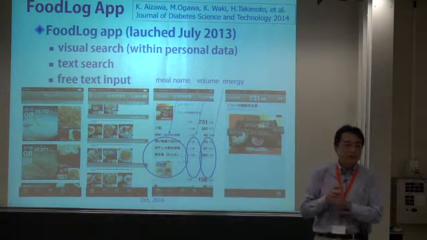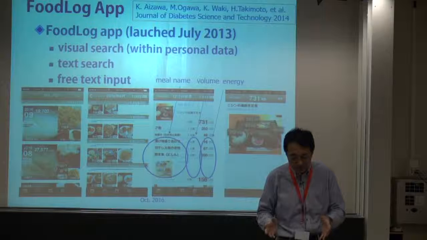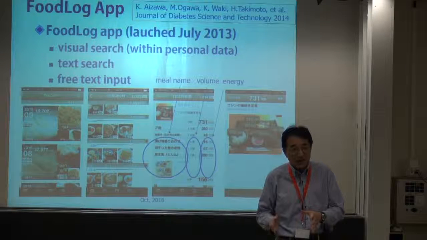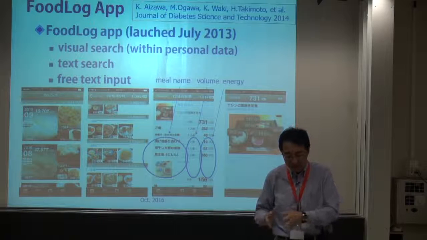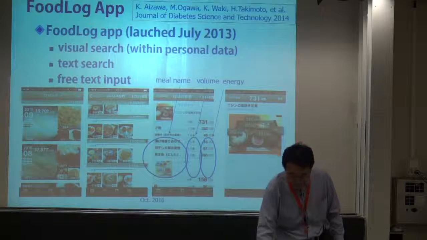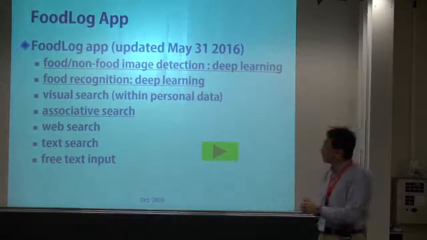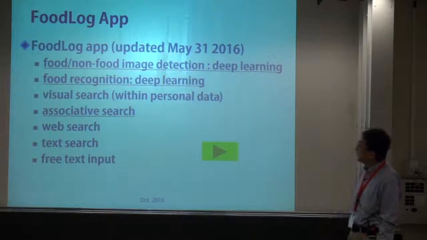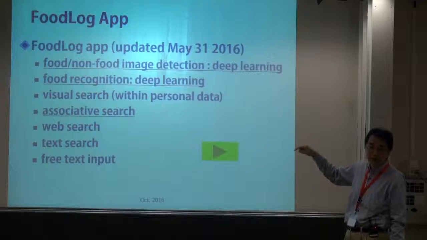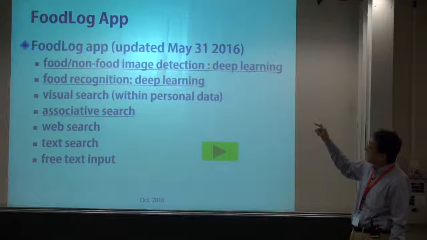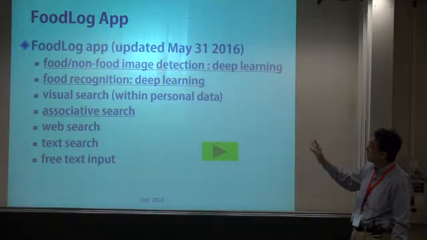And this app, we published a paper not in a computer science journal, but in a medical journal. And I'd like to show the very recent one. It has new functions. It has food and non-food image detection and food recognition.